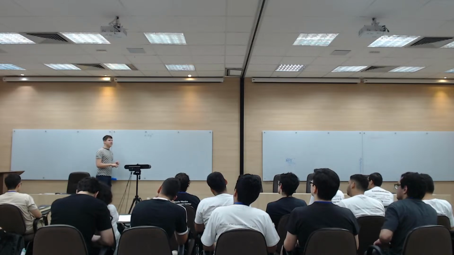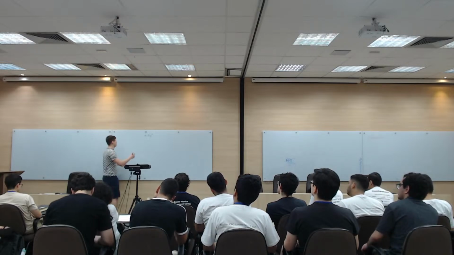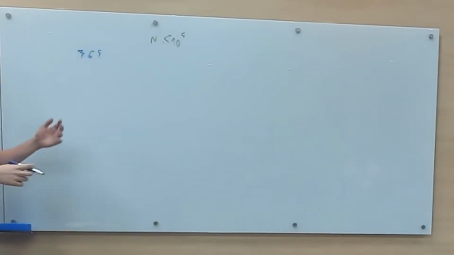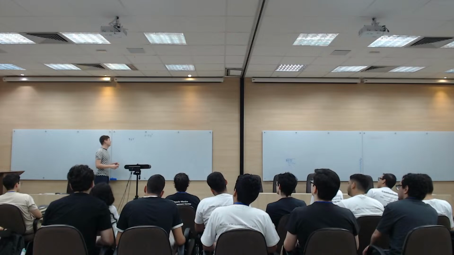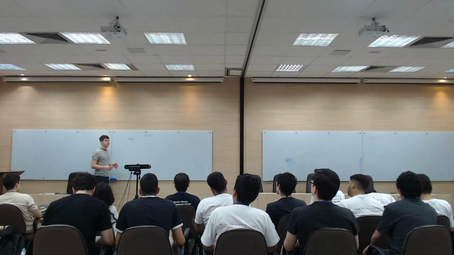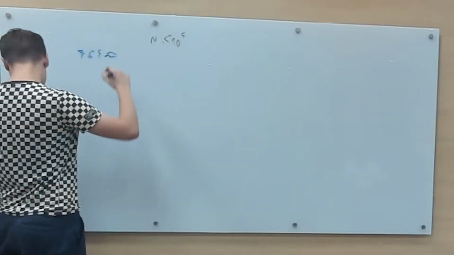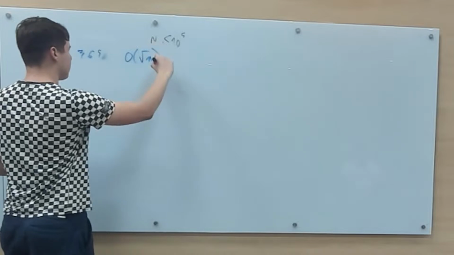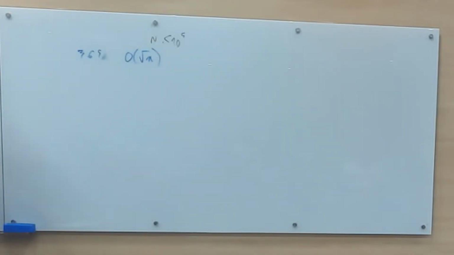Okay, so it seems that there are 365 days in a year, so we'll need roughly that, maybe half if you want the probability to be half. But it turns out that the answer is, I think, 20 something. For big N, it's roughly square root of N. Okay, so I'm not gonna write a detailed proof, but I'm gonna give you a quick intuition about it.